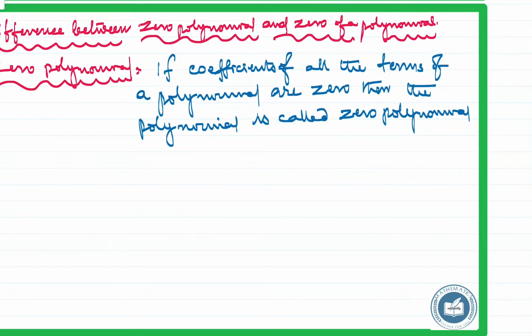So that is the actual definition of zero polynomial. If coefficients of all the terms of a polynomial are zero, then the polynomial is called zero polynomial. So we will take one example here.